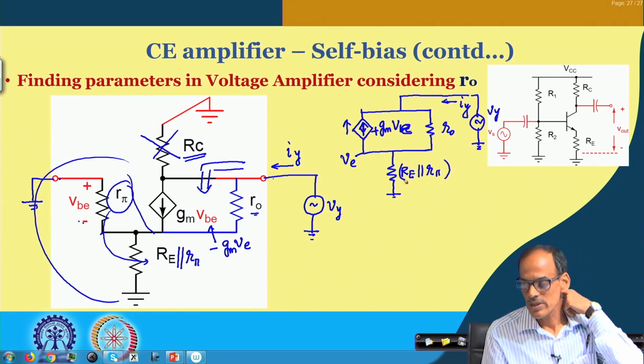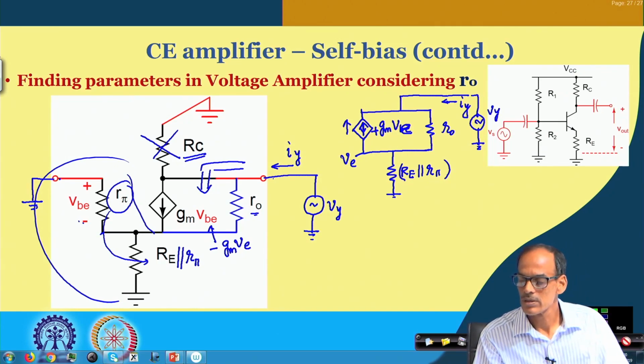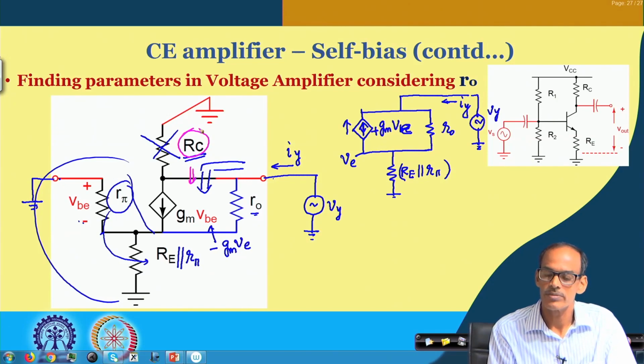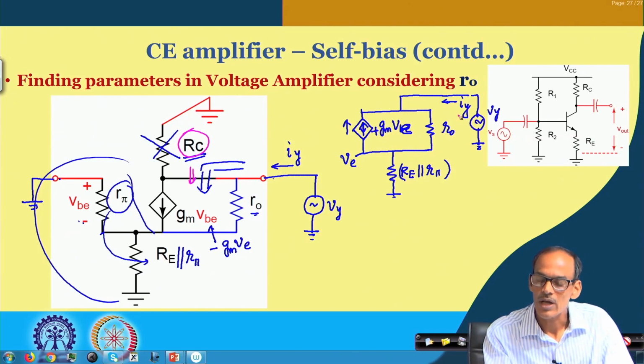Now if you see this circuit, we are considering only the lower part, and we are not considering this Rc at the moment. So this Iy is flowing through, maybe bifurcating, and then coming back to ground.